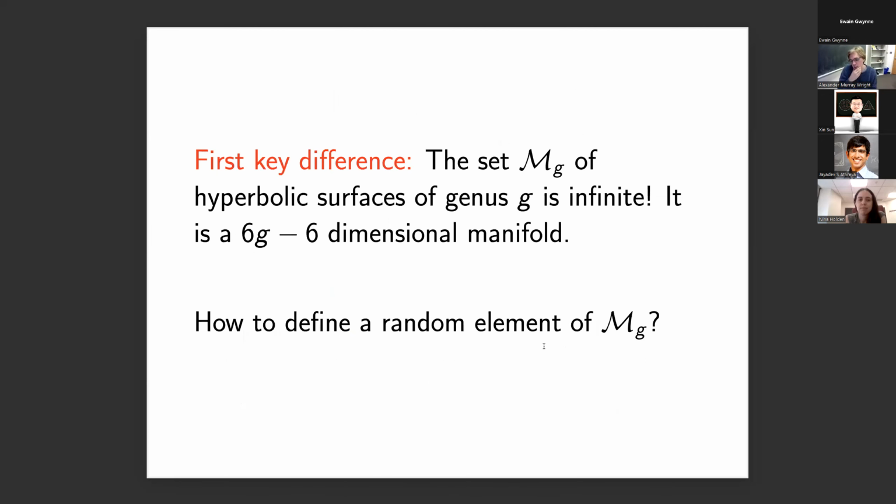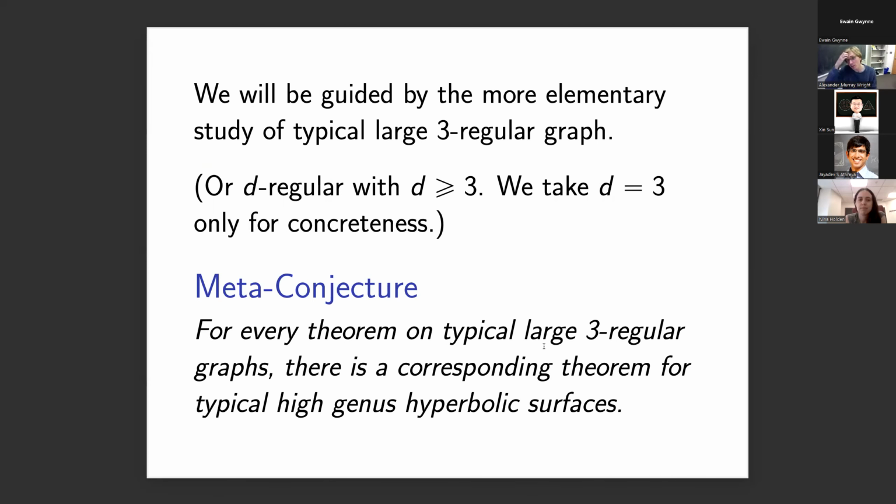And so I should say, usually when I give this talk, I am not addressing an audience of probabilists, and I spend a bunch of time talking about what does a random three regular graph look like and what are the basic results. And I made the decision to skip most of that today in favor of emphasizing what's similar and what's different when you study random high genus surfaces versus random three regular graphs.